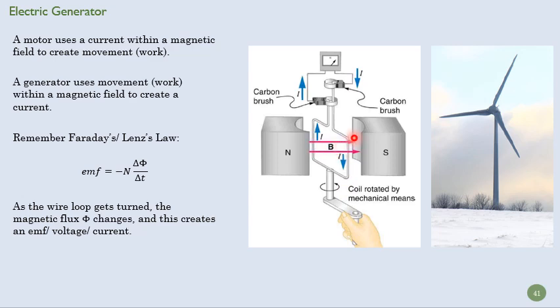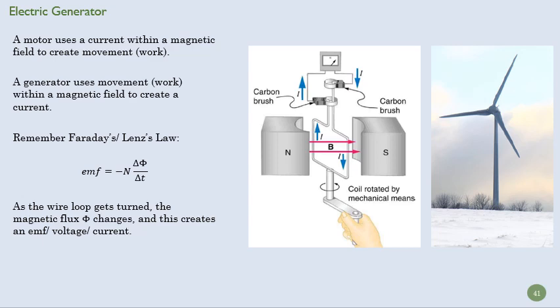When it's oriented parallel to the field, there's no flux. And then when it's perpendicular, there's a bunch of flux, and then there's no flux, and then there's a bunch of flux in the opposite direction as you get around 180 degrees. As long as this is constantly turning, the flux through your loop is constantly changing as well. That's what creates a voltage. Okay, so that's how a generator works.